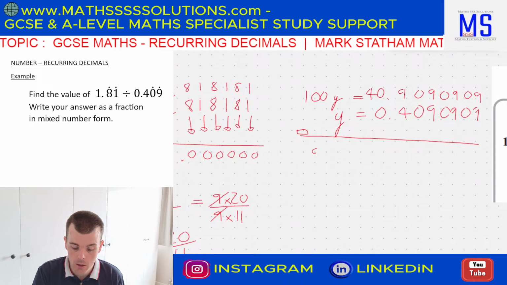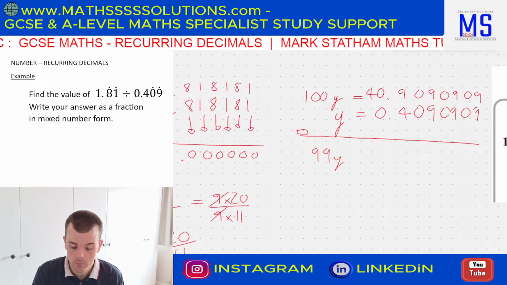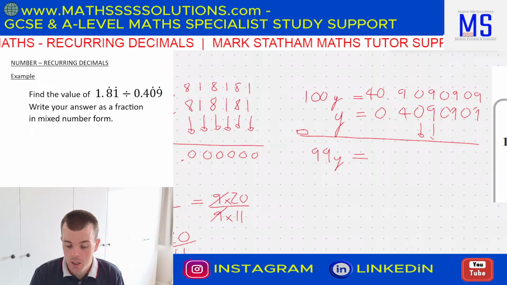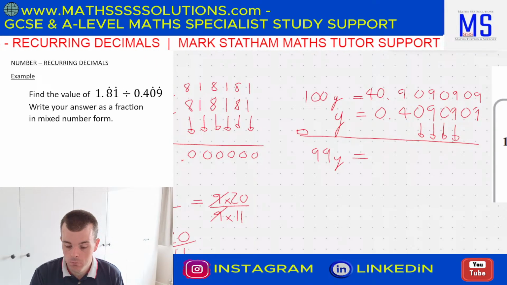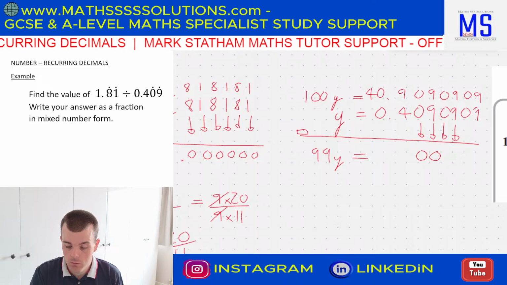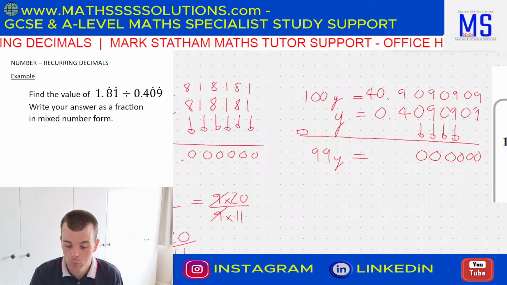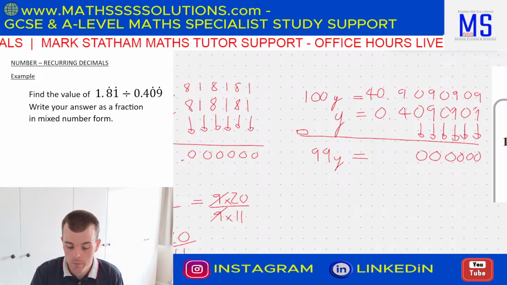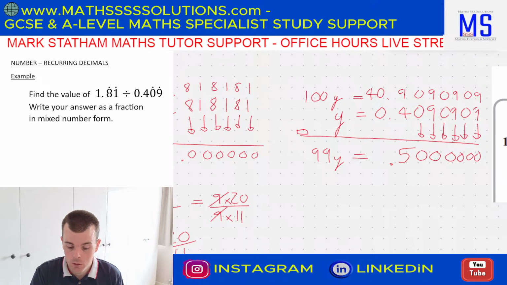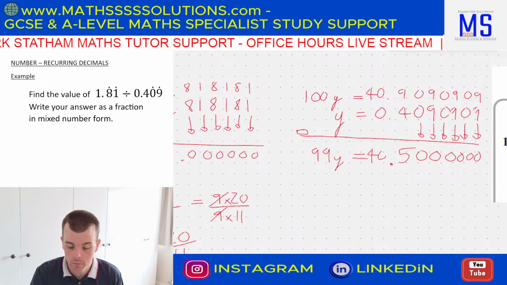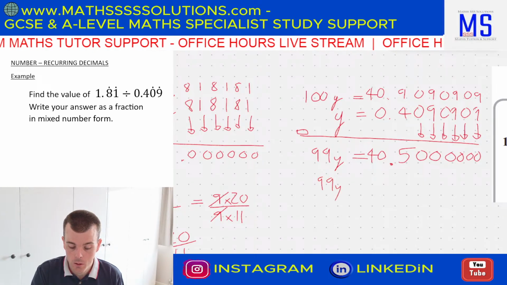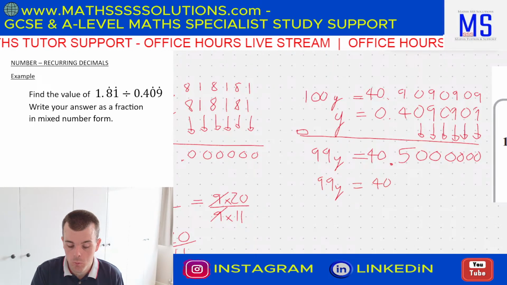So again, you do 99y here. Everything from the second decimal place onwards cancels now, so they become zeros. But the 9 take away the 4 actually becomes a 5 here. So you're left with 40.5. So here you've got 99y equals 40.5.